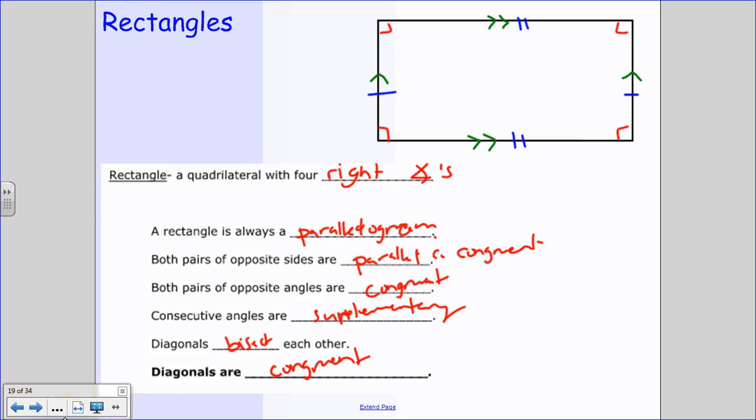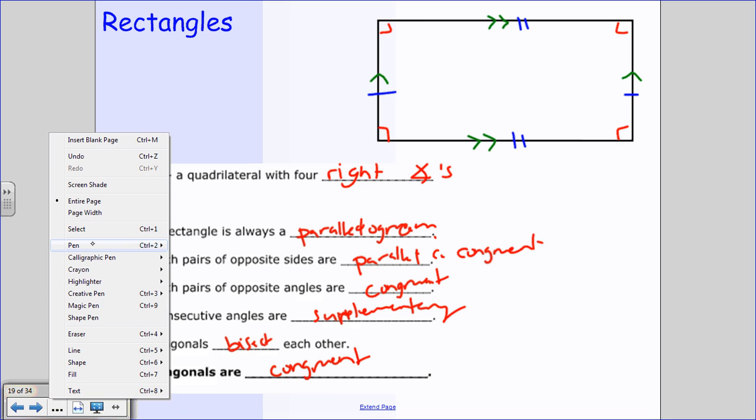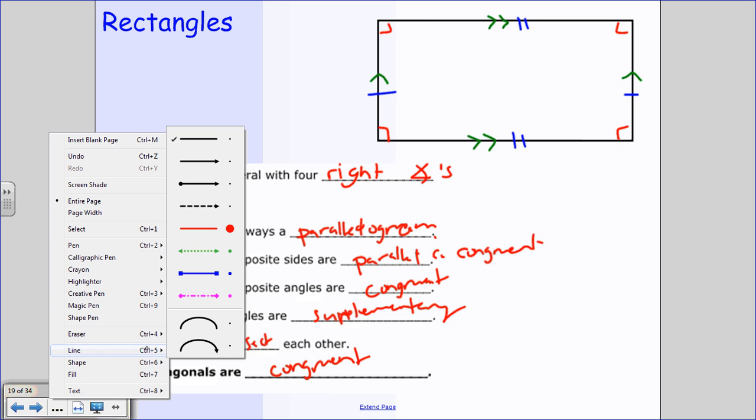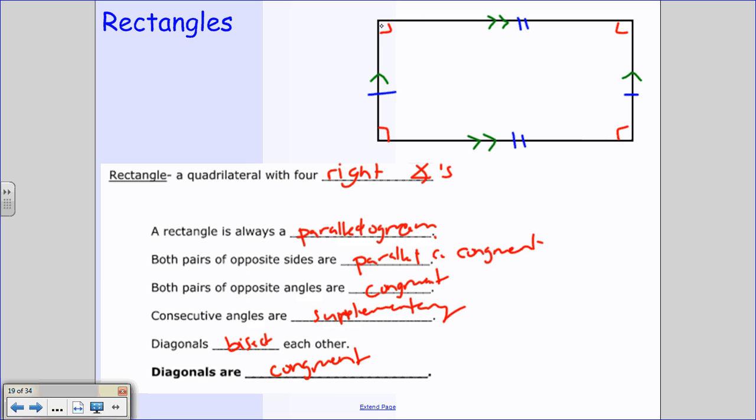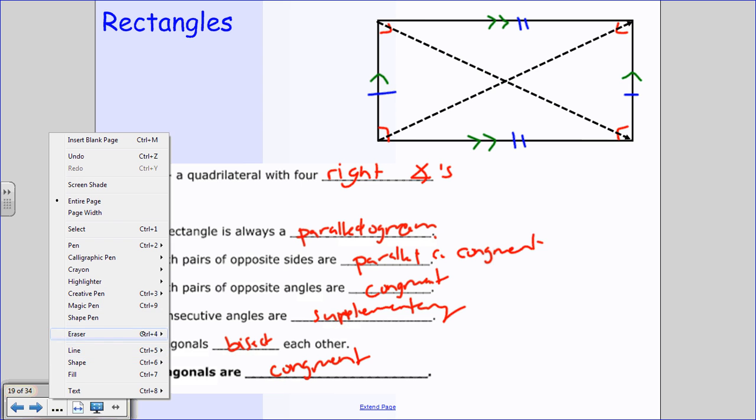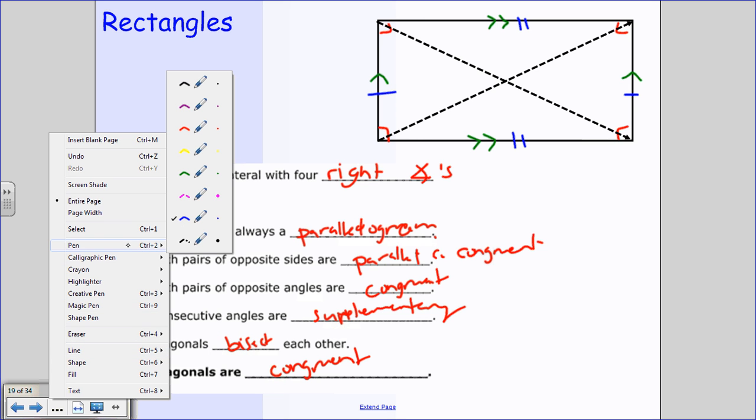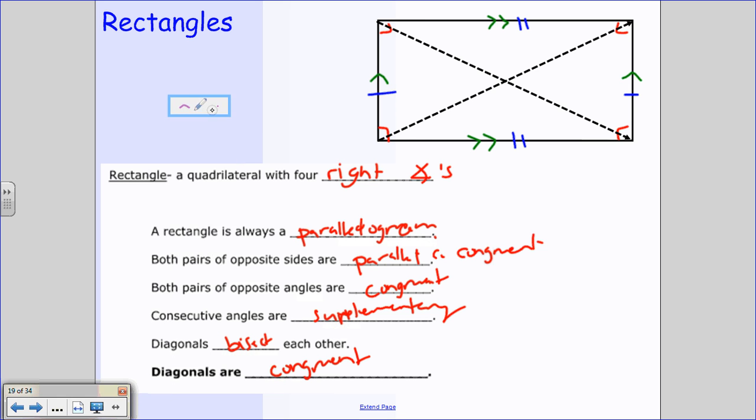The diagonals bisect each other, but not only do they bisect each other, they're congruent. All these 4 parts are equivalent.